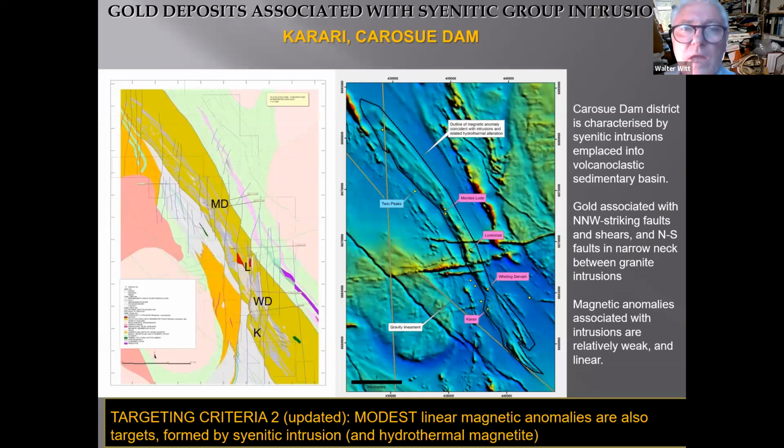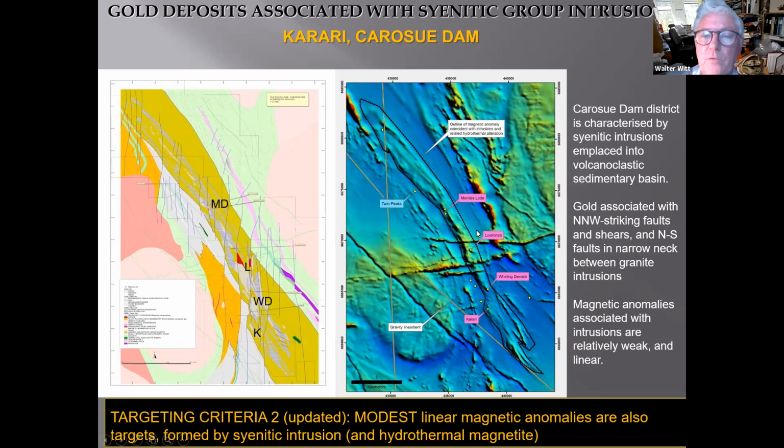Leaving Golden Delicious and moving on to Karari, which is in the Carosue Dam camp, there are several SGEG deposits in the Carosue Dam camp. On the left, we have a geological map, and on the right, we have an aeromagnetic image. The syenitic intrusions and associated gold deposits in the Carosue Dam camp are in this mustard-coloured volcaniclastic sedimentary basin. These are feldspar-rich quartz-poor sediments, probably derived from the intrusions themselves.